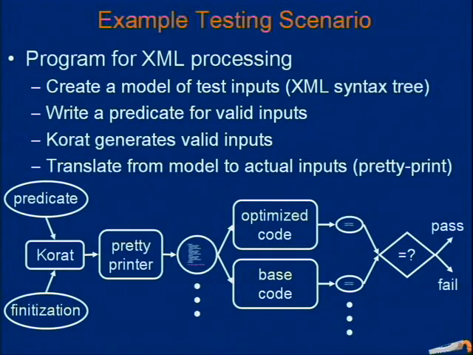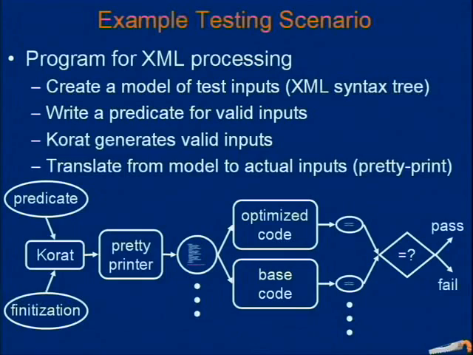So how do you want these elements in the XML document to look, maybe what depth of nesting you want to have, and so on. Then you would use the Korat tool to generate these valid inputs, translate them into the actual inputs, and then just run them through both of these versions of the code, and then compare whether they are getting the same output or not. So this is just one possible testing scenario for using this tool.